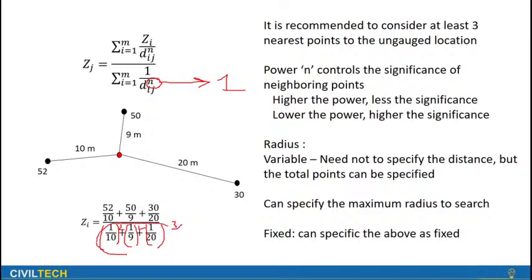This value will keep decreasing and the effect will reduce. That's why the software will prompt you to define the value of n. If you don't determine any value, by default it will take 1 as the default value and then give you the end result, right?